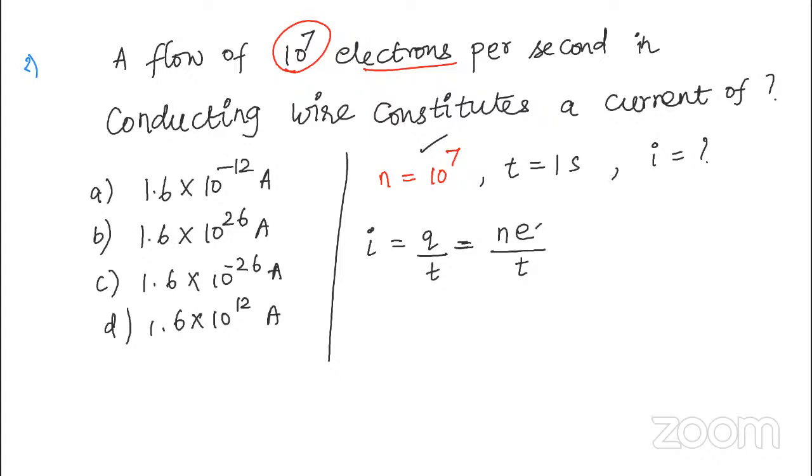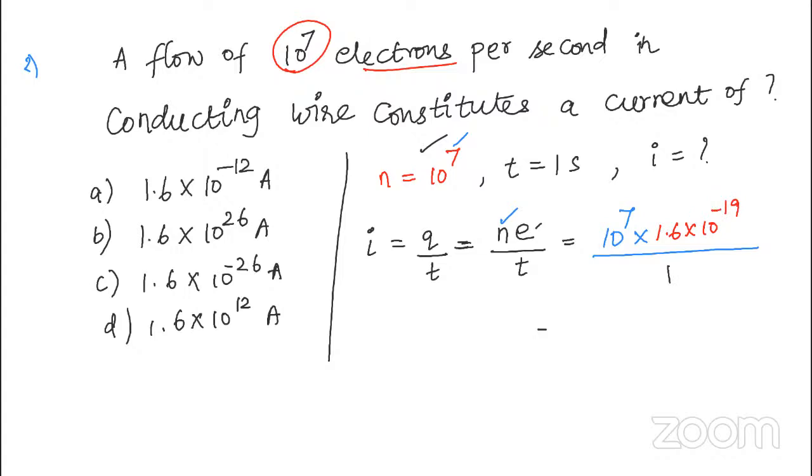Let us substitute all the values. For N it is 10 power of 7. So 10 power of 7 into the charge of the electron, that is 1.6 into 10 power of minus 19. So what about the time? It is 1 second.